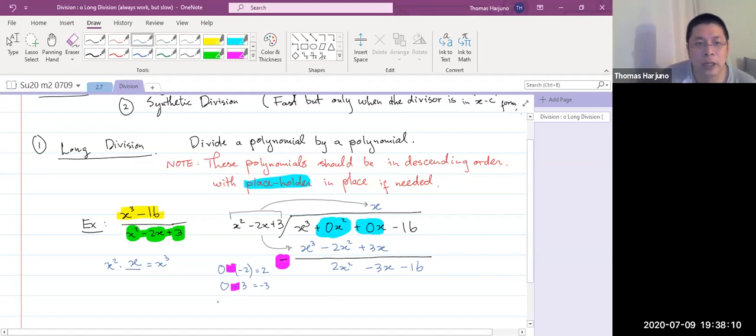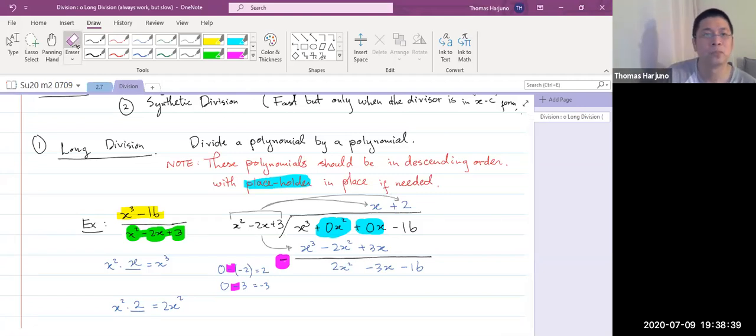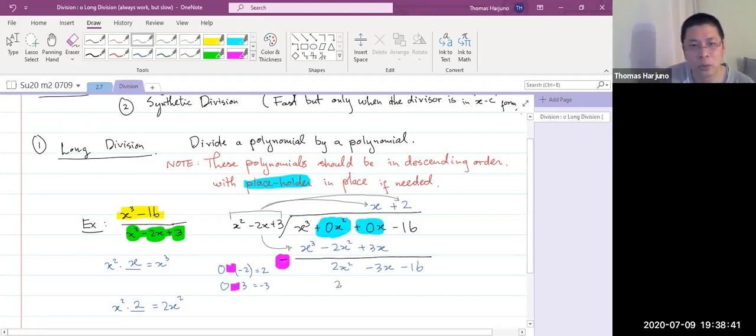Then the procedure will be x squared times what gives me 2x squared? Times 2. So I will put plus 2 here and then distribute that polynomial by 2. That will give me 2x squared minus 4x plus 6.